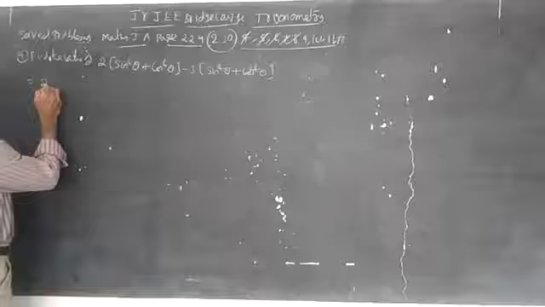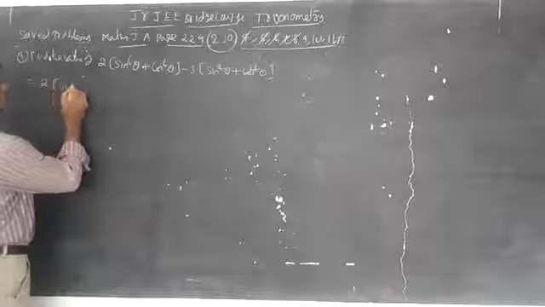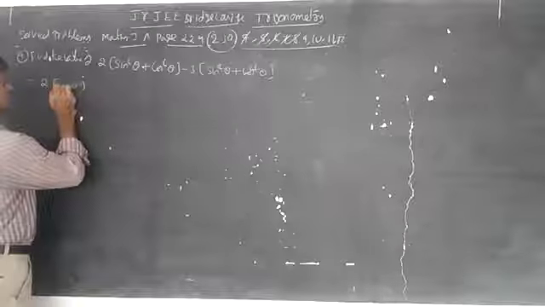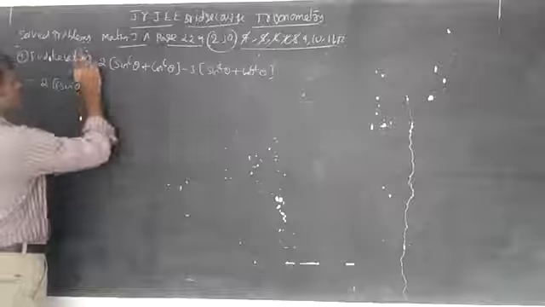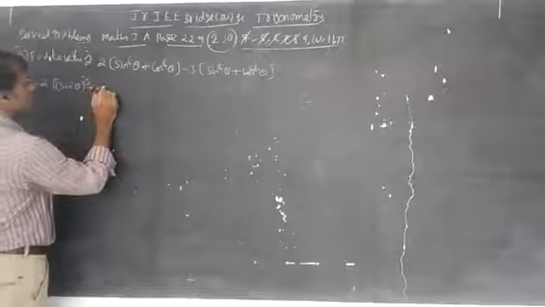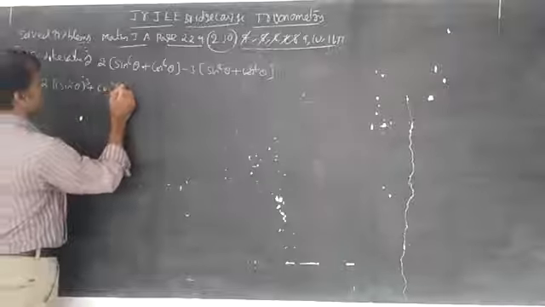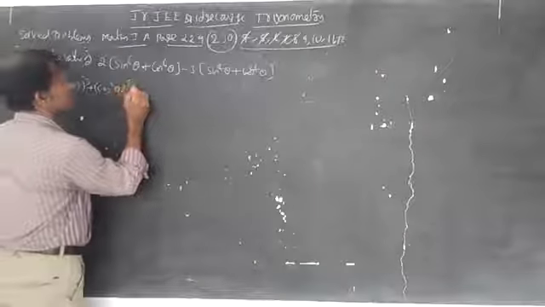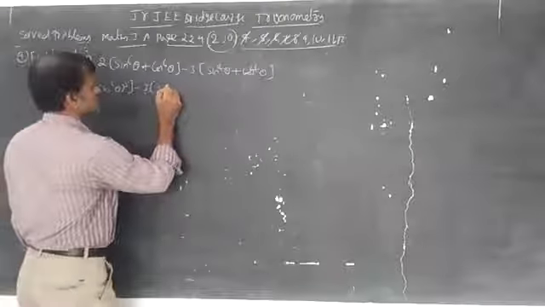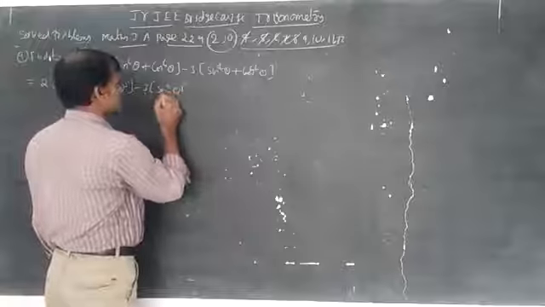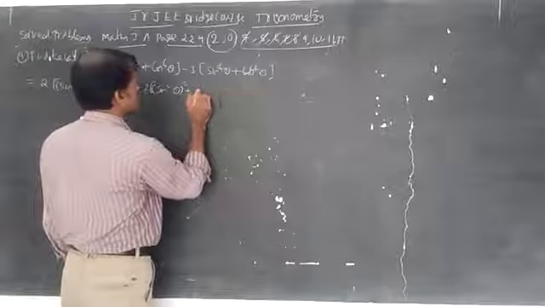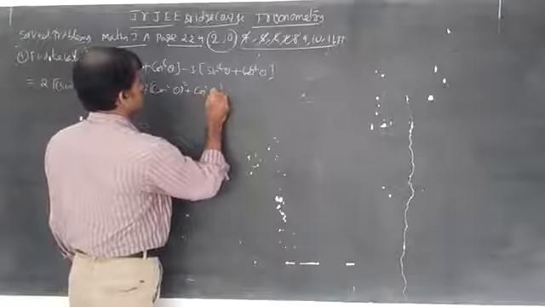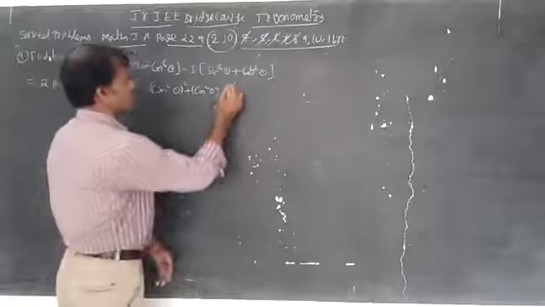That is equal to, we can write 2 into sin square theta whole cube plus cos square theta whole cube minus 3 into sin square theta whole square plus cos square theta whole square.